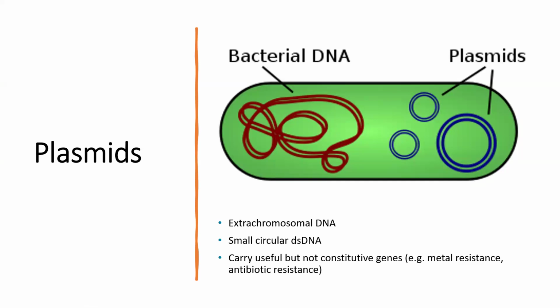Now, in addition to our nucleoid region, where we have our bacterial chromosome, bacteria can also have extrachromosomal DNA, and these are plasmids. The plasmids can come in singles or multiples, and there are even some plasmids that cause cell death, but they are smaller than the chromosome itself, and they're also circular double-stranded DNA.